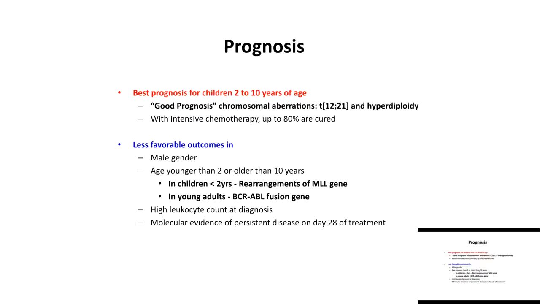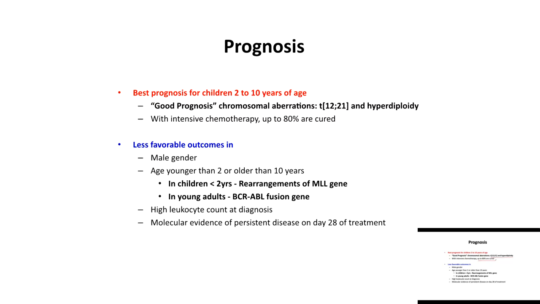So, as I said, the t(12;21) and hyperdiploidy, these are good prognosis. And many children, in fact, most children can have a reasonable expectation of a cure, which is a remarkable thing with malignancies.